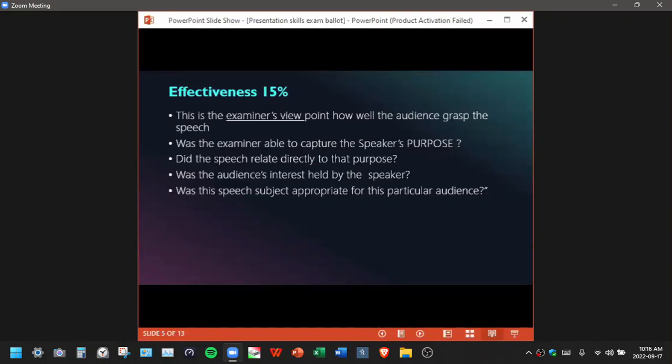The examiners will mostly be your lecturers at the university. So understand their age and their thinking pattern when you deliver your presentation.